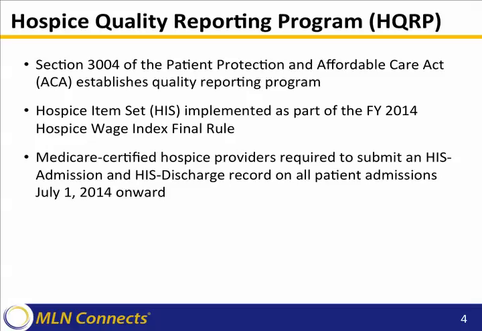Hospices began data collection using the Hospice Item Set on July 1, 2014. Current HIS requirements mandate that hospice providers submit a HIS admission and a HIS discharge record for each patient admission to their hospice from July 1, 2014 onward.